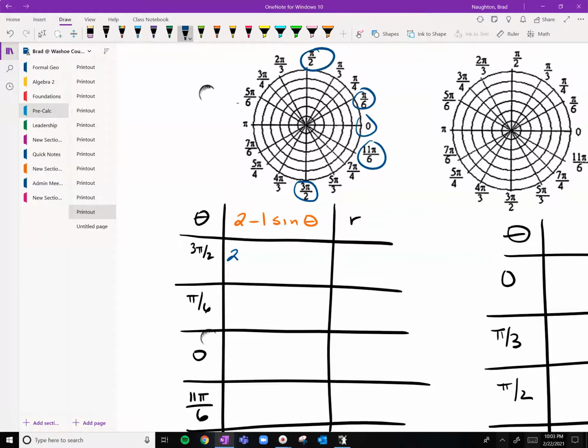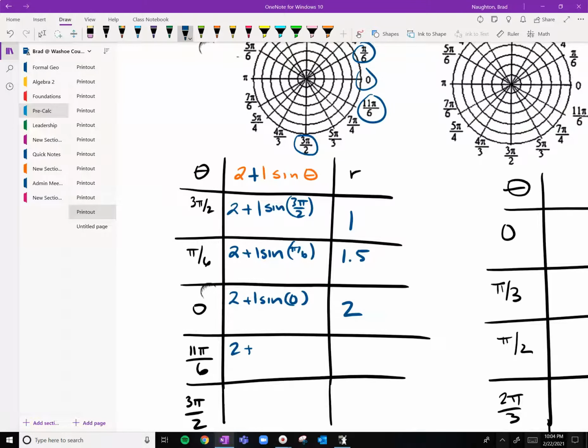So minus 1 sine of 3 pi over 2, and this is going to give me 1. Excuse me, this is a plus. I was looking at my notes going, something was funky. There we go. So 2 plus 1 sine of pi over 6, and that's going to give me 1.5. And then 2 plus 1 sine of 0, that's going to give me 2.